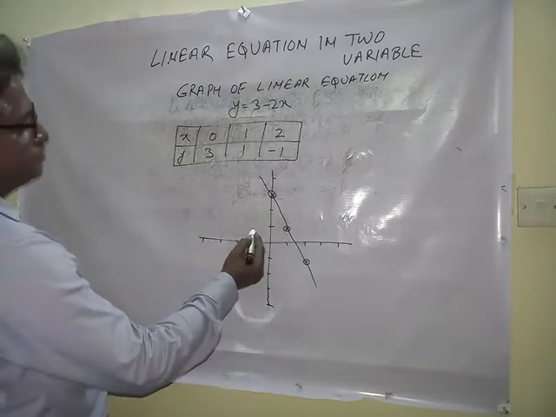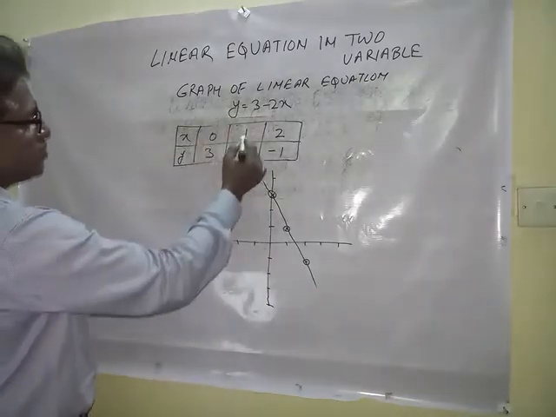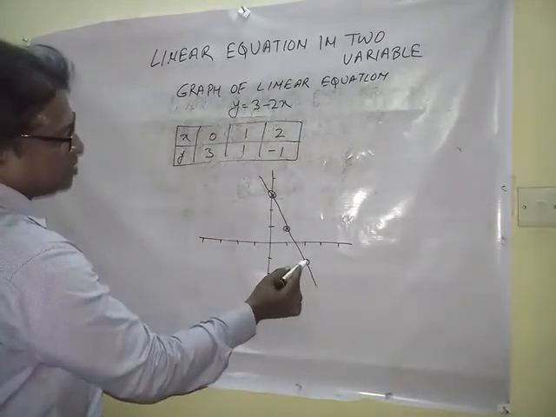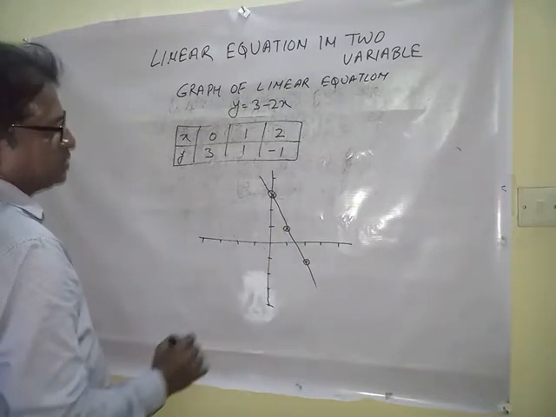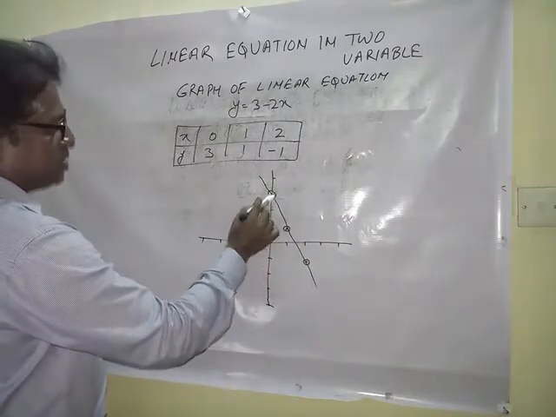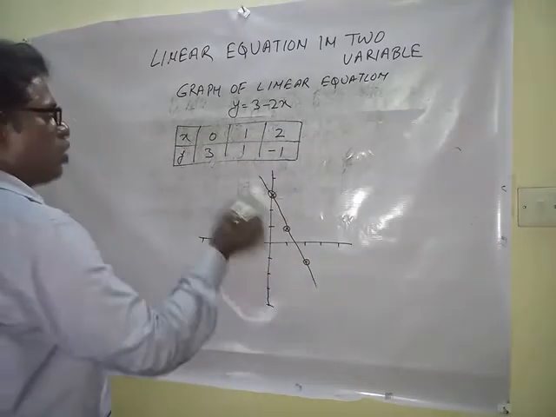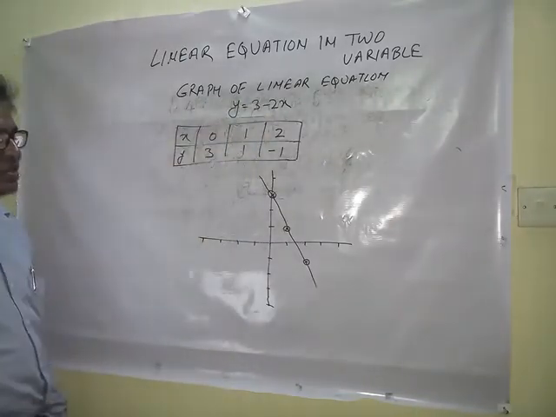Now you see, (0, 3) is a solution to this linear equation, (1, 1) is a solution, and (2, minus 1) is a solution. All the solutions are falling on this line. So all the points on the line will be solutions to this linear equation.